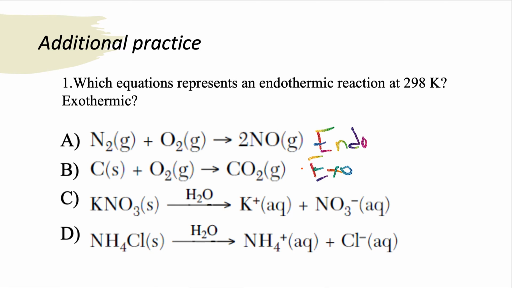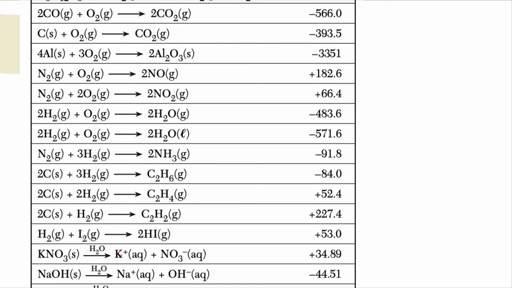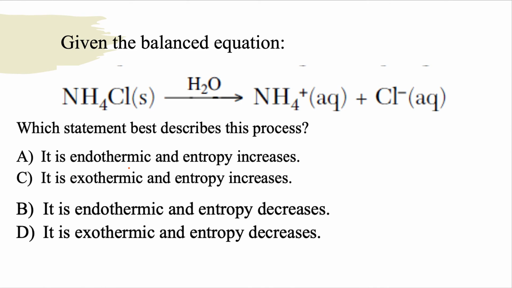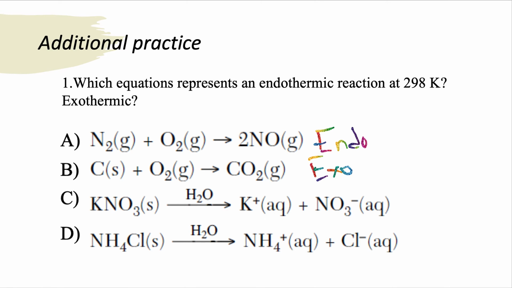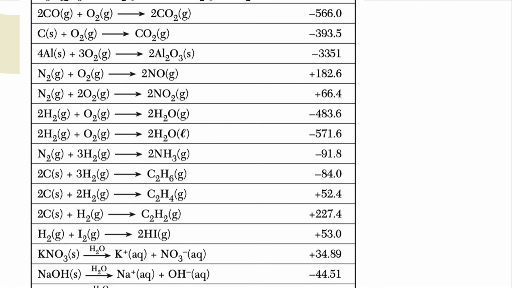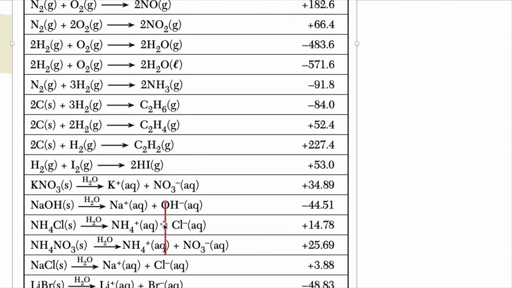This one is KNO3, potassium nitrate. KNO3 is down here, positive 34. Positive means endothermic, so I'll write endo. Ammonium chloride, NH4Cl, is this one right here.